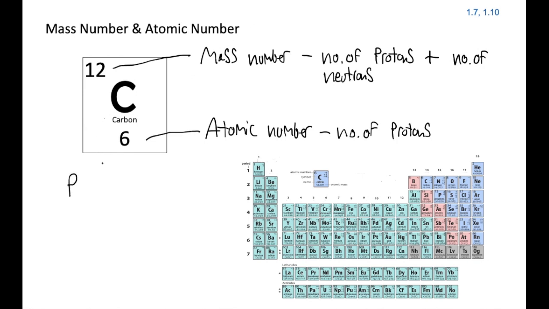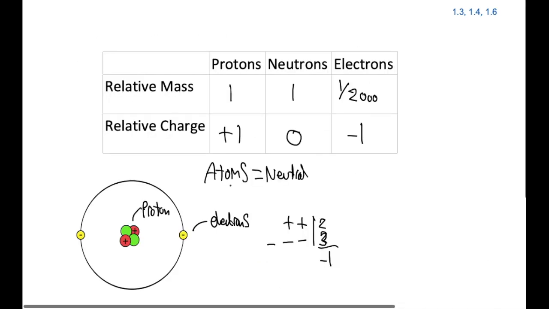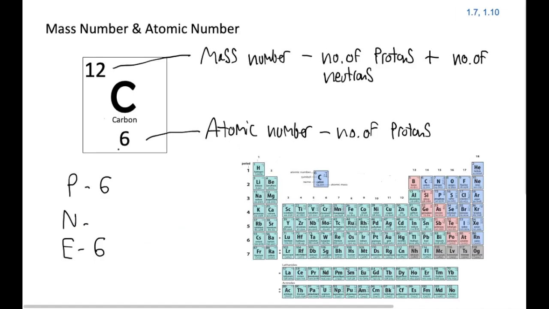So if we use this example, carbon, and we try and work out protons, neutrons, and electrons, we know how many protons there are because it tells us straight away, 6. That's the atomic number. There's also 6 electrons, because if you think back to when we were looking at why an atom is neutral, it's neutral because we have the same number of protons and electrons. So the atomic number tells us the number of electrons as well in an atom.